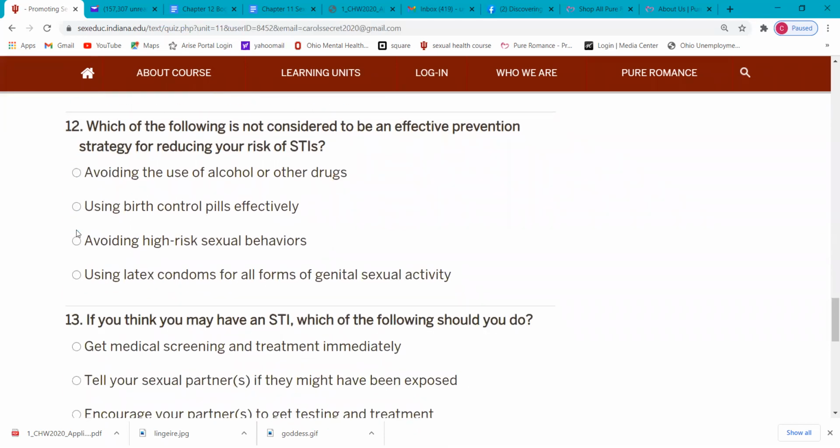12, which of the following is not considered to be an effective prevention strategy for reducing your risk of STIs?